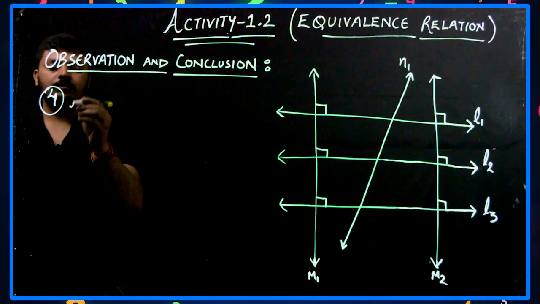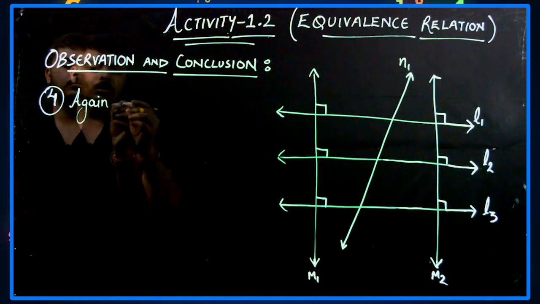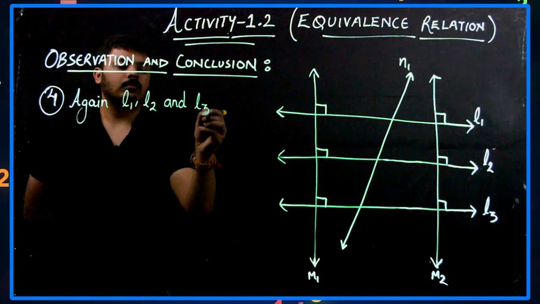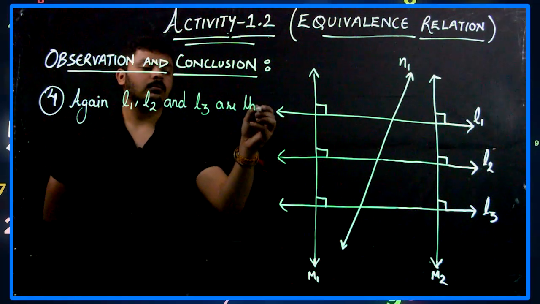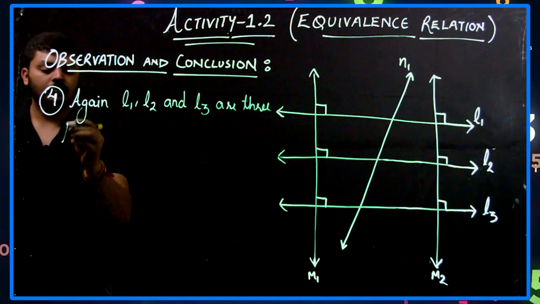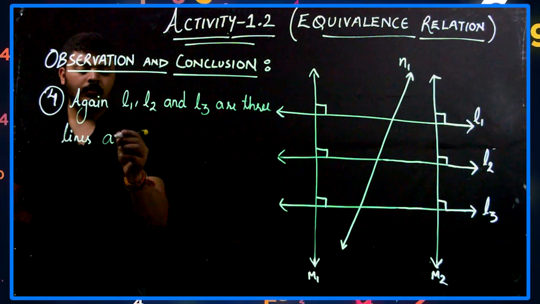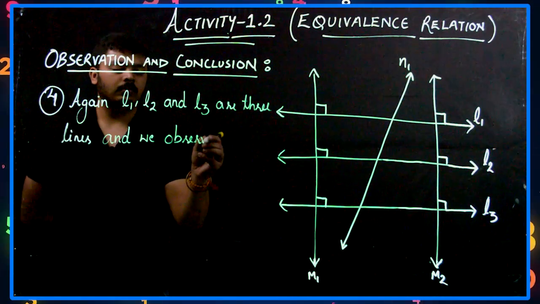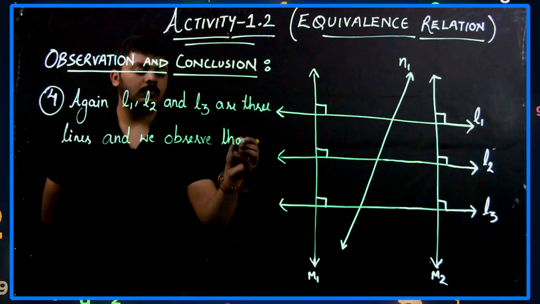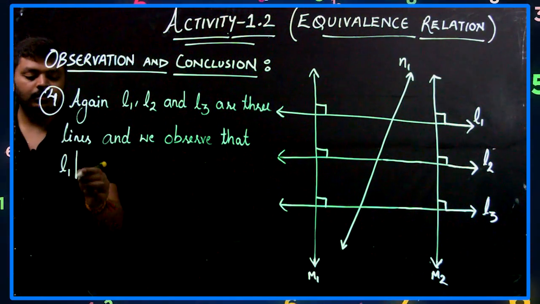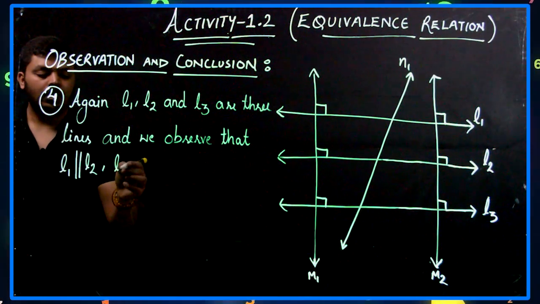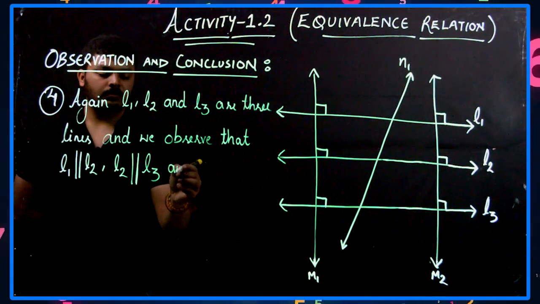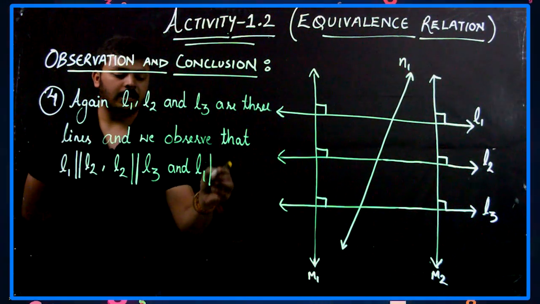So, our fourth observation is, again, L1, L2 and L3 are three lines, and we observe that L1 is parallel to L2, L2 is parallel to L3 and L1 is parallel to L3.